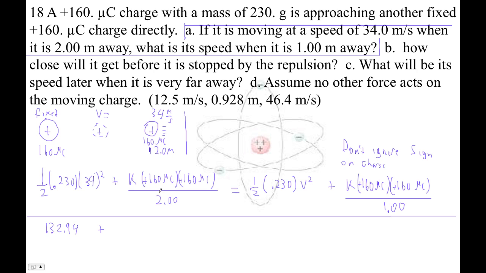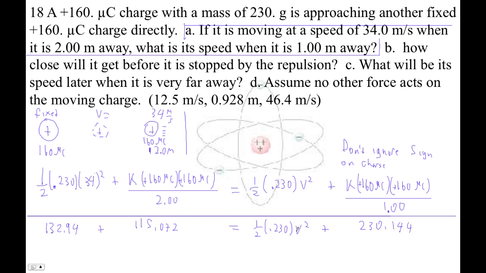Then this term is 8.99 E9 times 160 E minus 6 times 160 E minus 6, divided by 2, which is 115. So the total energy is 132.94 plus 115. Then this term here, with the distance as 1, is 230.144. Not surprisingly, it's twice that.